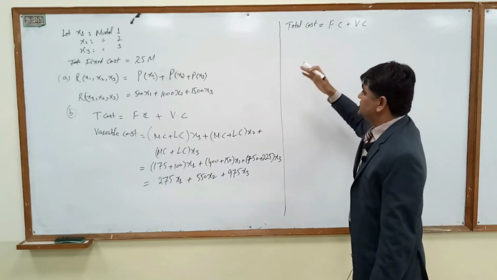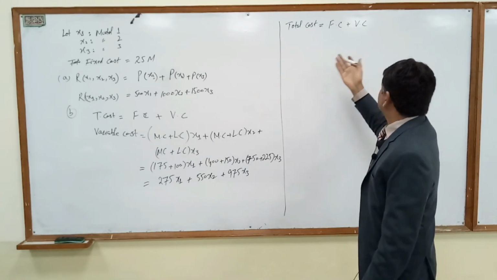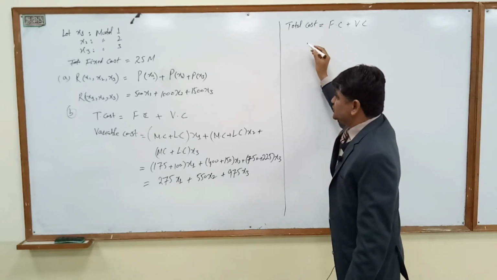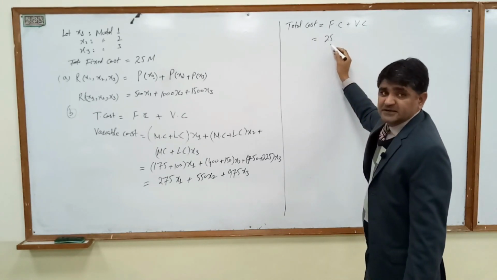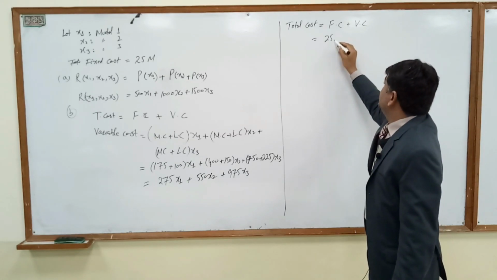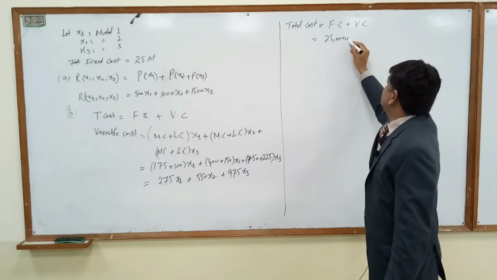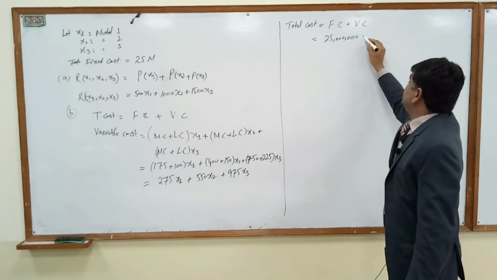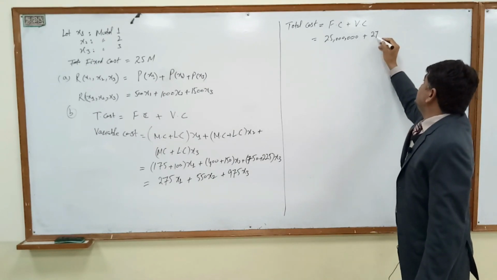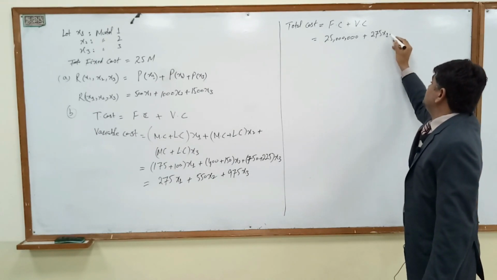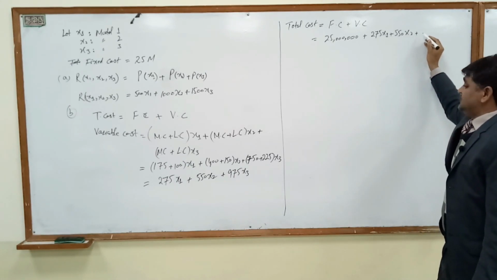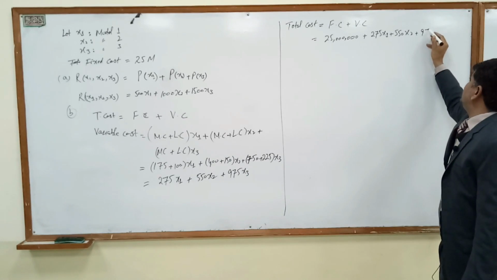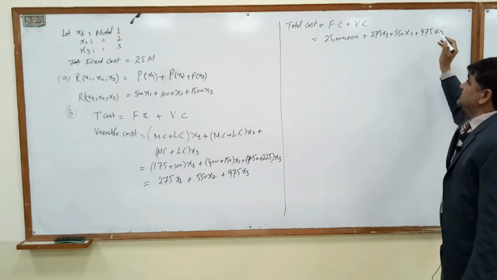So what is fixed cost? That is 25 million. What is variable cost? 275 X1 plus 550 X2 plus 975 X3.